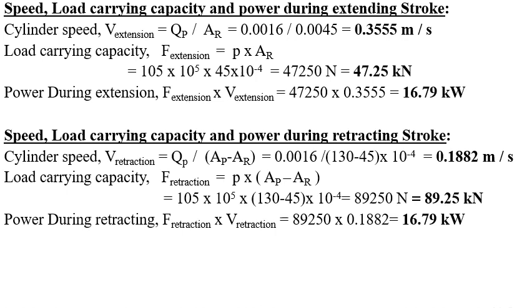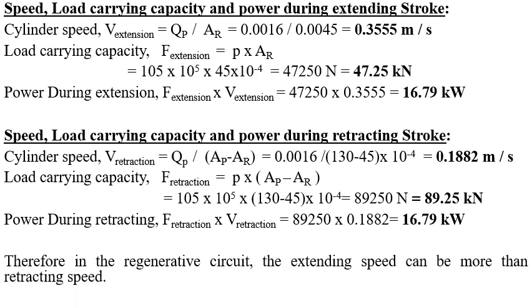Simplify this, we will get 16.79 kilowatt. Power during retraction stroke is 16.79 kilowatt. Now compare power during extension and power during retraction. Both are equal, that is 16.79 kilowatt.